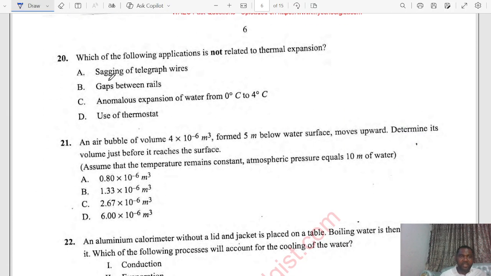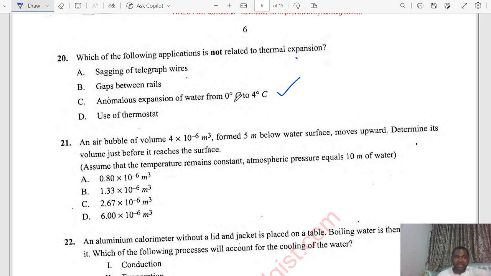Now the next one says, which of the following applications is not related to thermal expansion: sagging of telegraph wires, gaps between rails, anomalous expansion of water from 0 to 4 degrees, use of a thermostat? The answer is anomalous expansion of water.